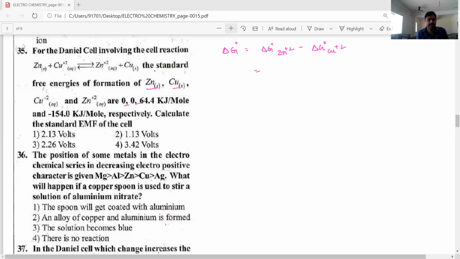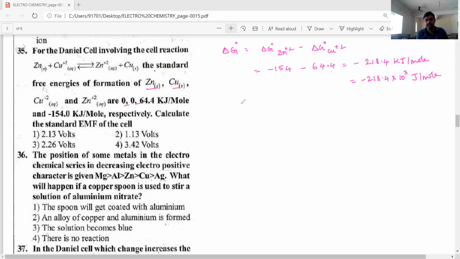The given zinc value is minus 154, minus 64.4, which is equal to minus 218.4 kilojoules per mole, equal to minus 218.4 into 10 to the power of 3 joule per mole. So by using this value, we have to find out the E0 cell.